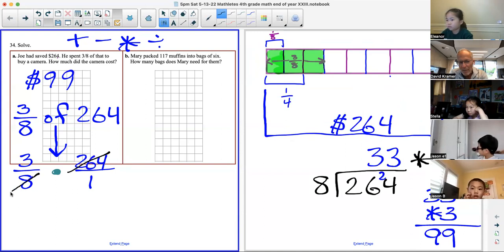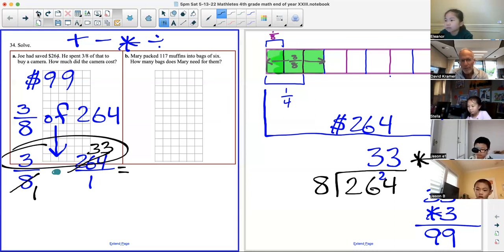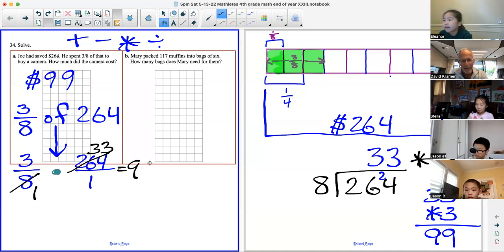So 264 divided by 8, what did we find? 33 to 1. And now, when you multiply across, 3 times 33 is 99. And that is how we do it.